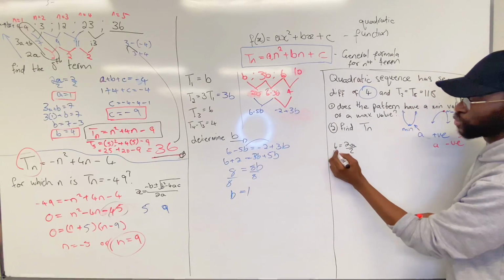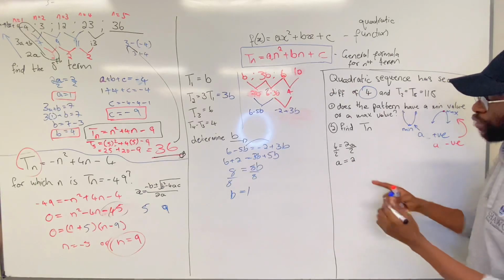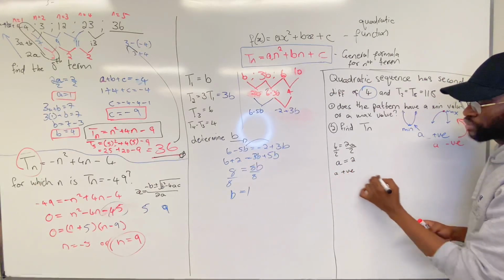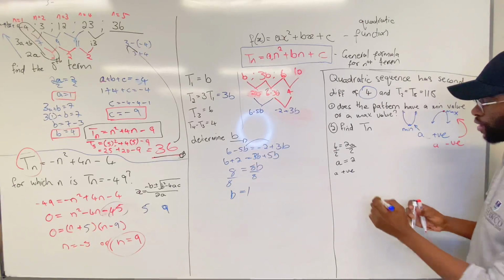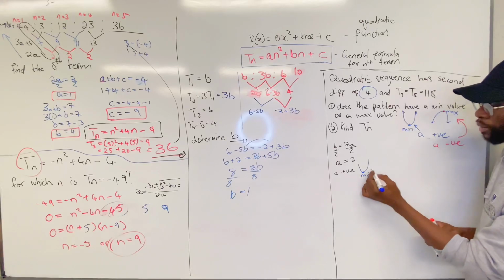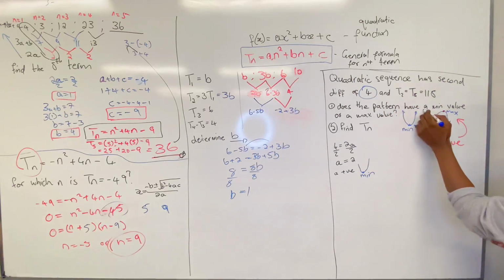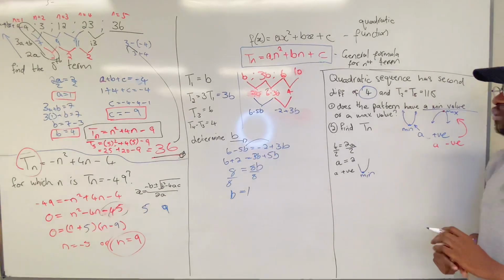So we divide by 2 on both sides, then we know that a is equal to 2. Now, because a is positive, that means our function will be concave up and will be having a minimum value here. So our pattern has a minimum value.